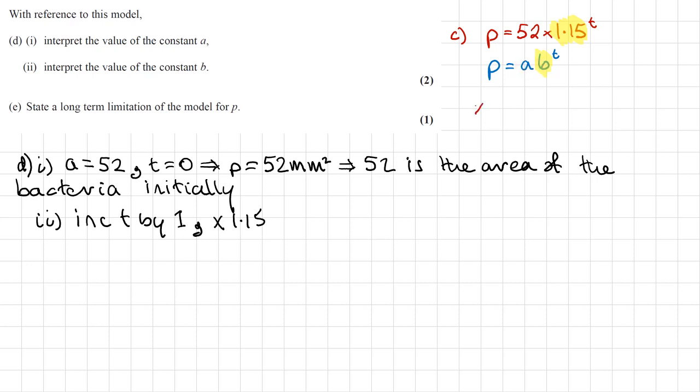Now, if I'm multiplying by 1.15, that's the same as an increase of 15%. So now we can interpret it, and we can say something like that the population increases by 15% each hour. Not the population, the area.